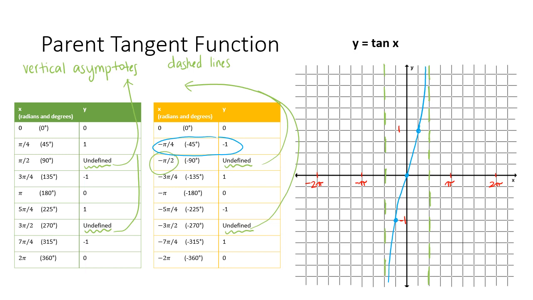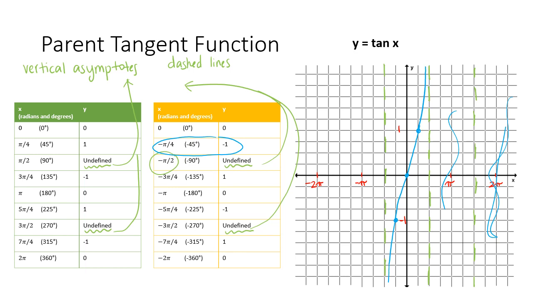Now we've got all of these other asymptotes. I've got one at 3 pi over 2, so one that's right along here. So we'll see that same curved shape in between those 2 asymptotes. I could also graph another one over here. We'll see that same curved shape here, and so on and so forth.